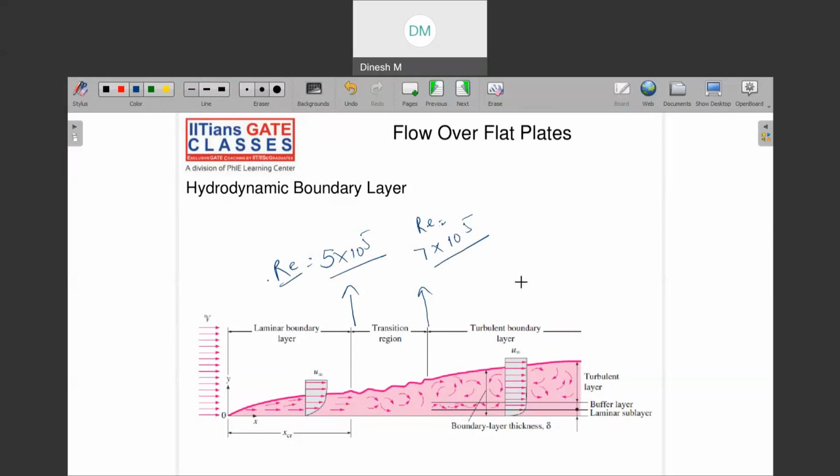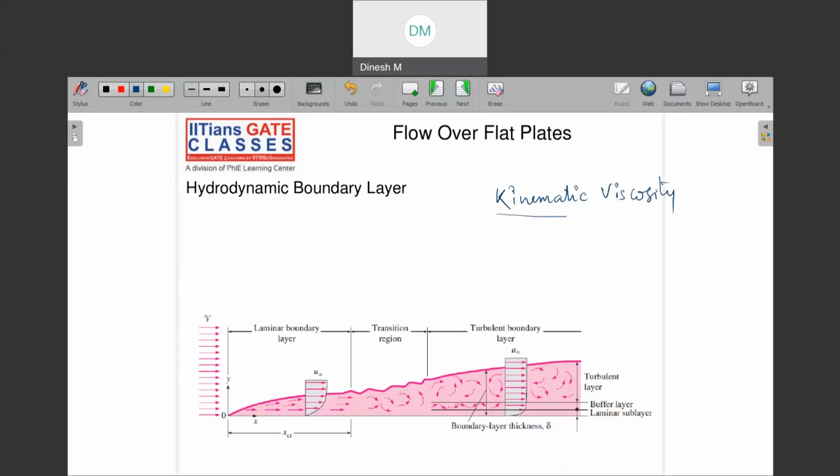Now can you see one more thing here, that we know one property that is called kinematic viscosity. What this kinematic viscosity is trying to tell you is how quickly you are diffusing your velocity.